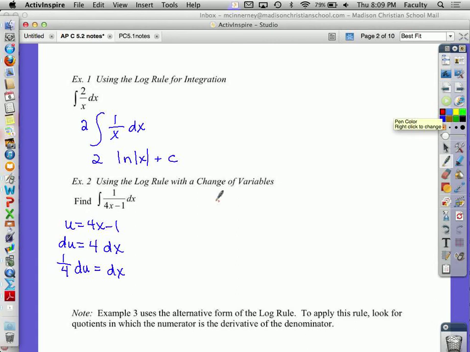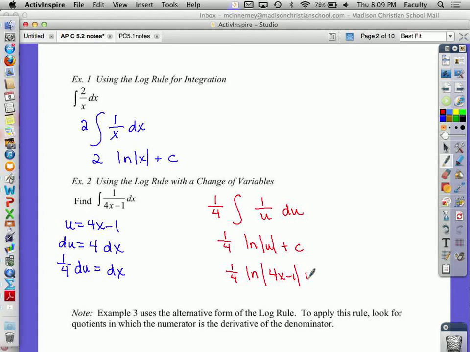And then I'm going to rewrite this as 1/4 the integral of 1 over u du. So hopefully you can see that that'll be 1/4 ln, the absolute value of u, plus c. And then we'll plug in that u was 4x minus 1. Okay? So not too bad.